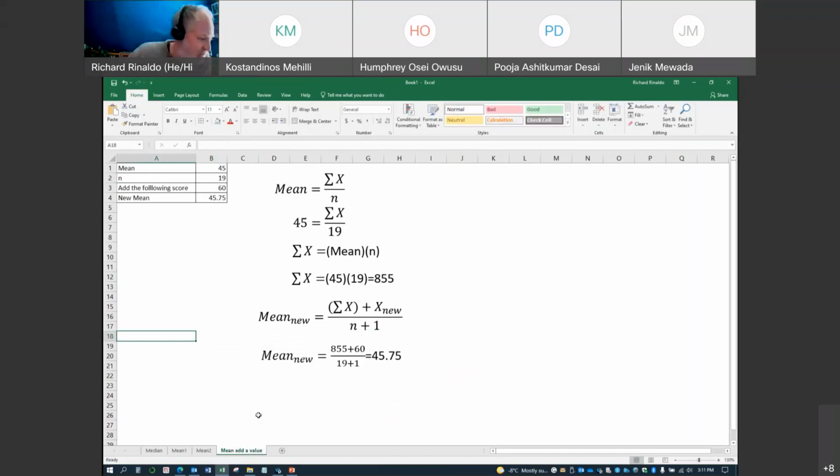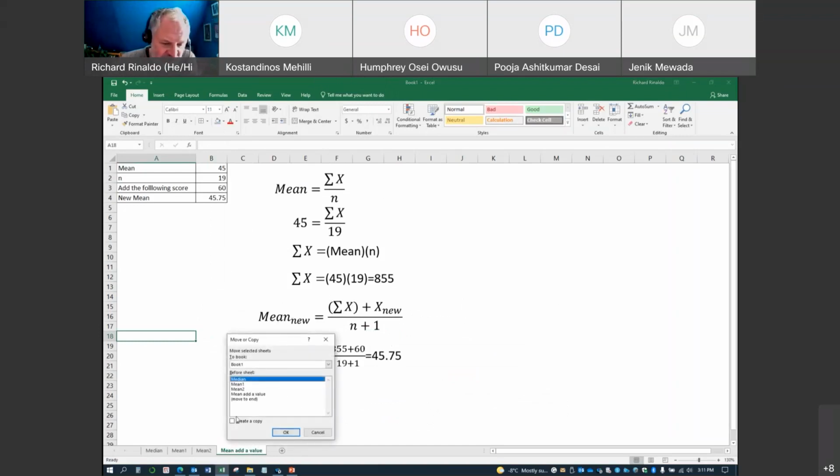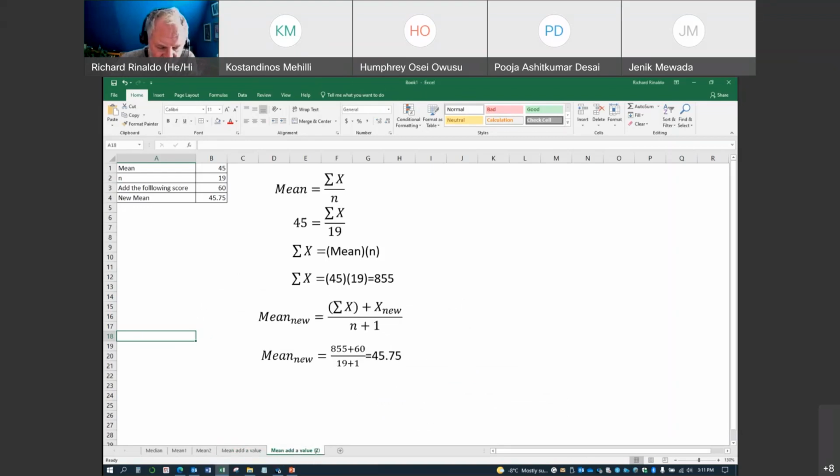Now the opposite of that is to subtract the value. So everything stays the same.